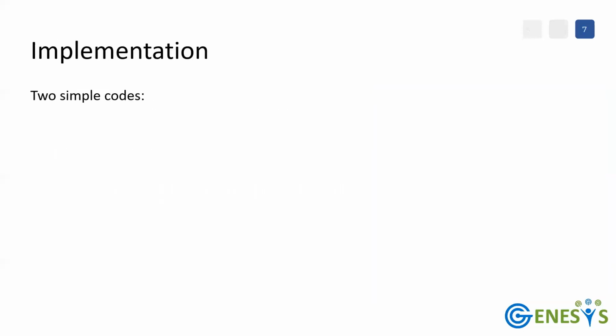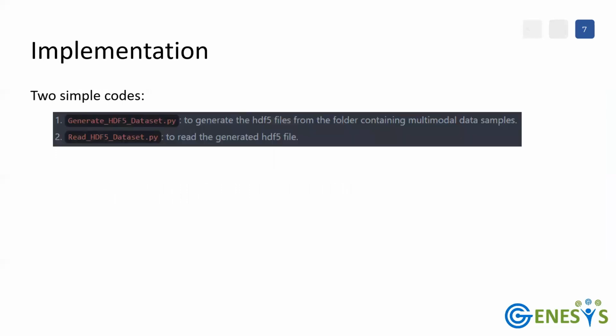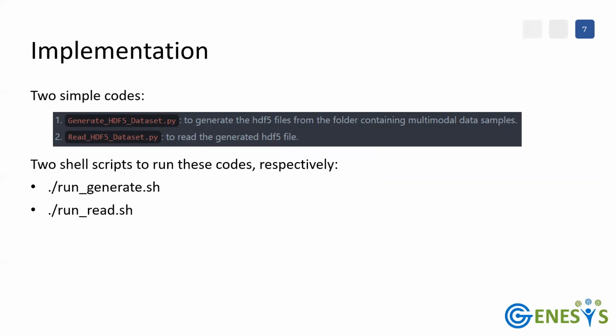For the rfdatafactory project, our implementation is very simple. We use two simple codes, one being generate HDF5 dataset to generate the HDF5 file, and the other one being read HDF5 to read the generated HDF5 file. There are also only two shell scripts that are used to run these codes, one being run_generate and the other being run_read, to run the respective Python codes.